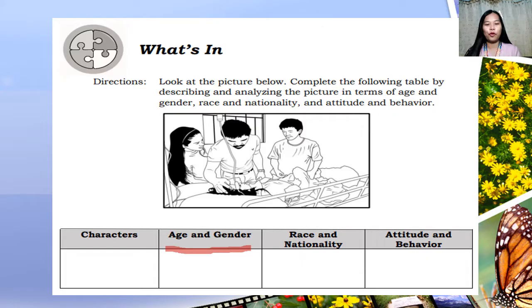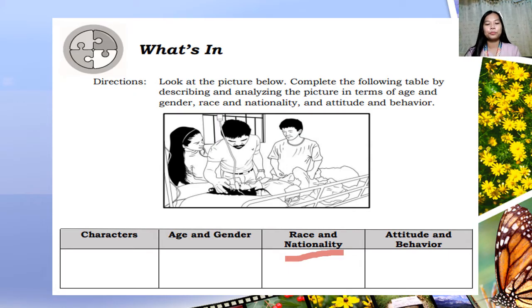Next, for race and nationality, we are going to identify if the character is a Filipino, a Chinese, or an American. So that is what race and nationality is all about.